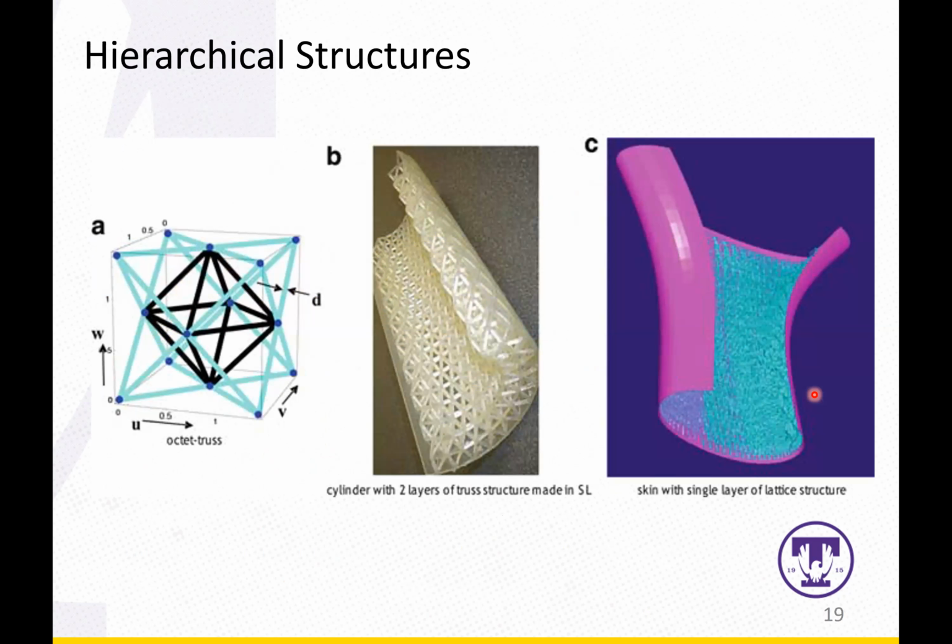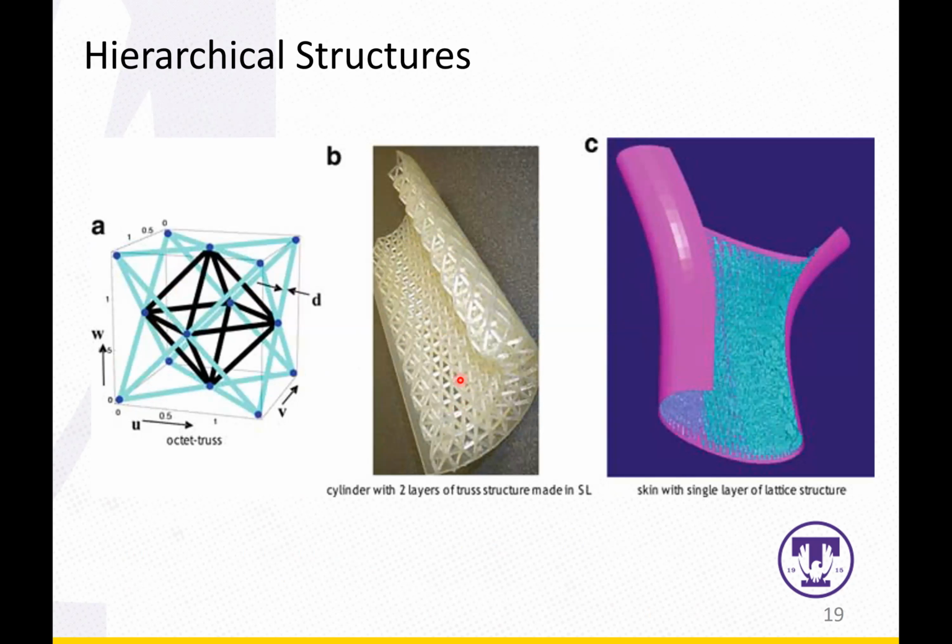So for the hierarchical structures, like what we discussed, the lattice structures, the truss structures, when designers have some design idea and certain material properties are desired, the designer could choose one of these structures and embed them in their design applications such that certain material properties could be satisfied.